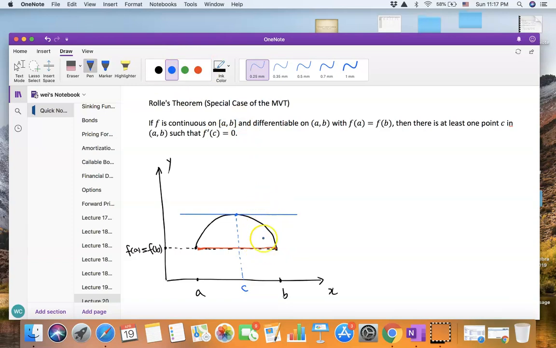Since these two straight lines are horizontal, their slopes are both equal to 0. So that's why f prime of c equals 0.